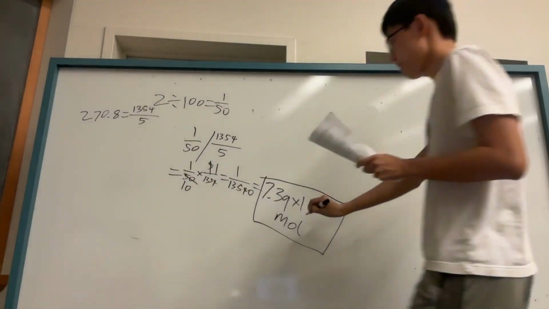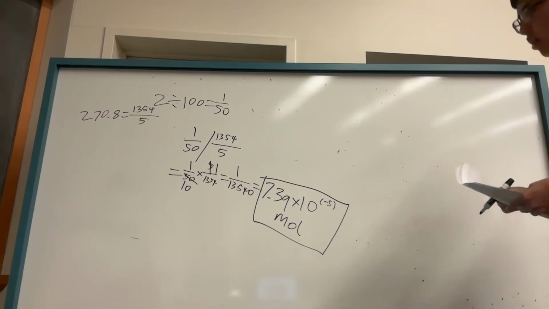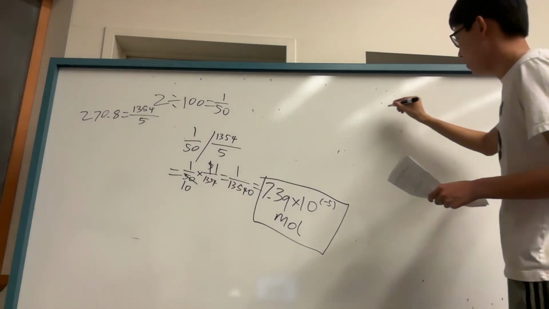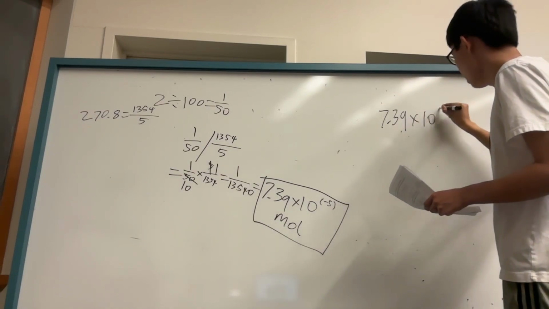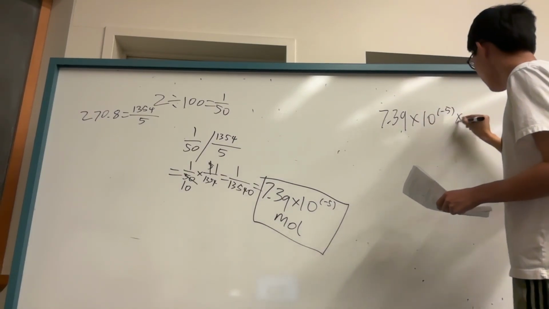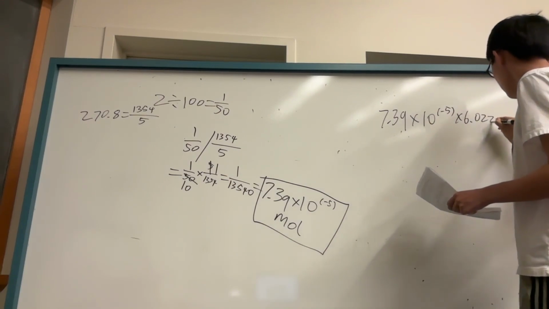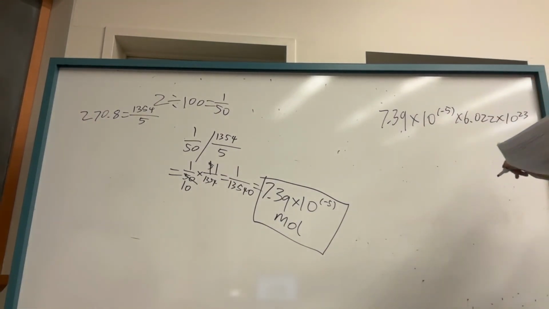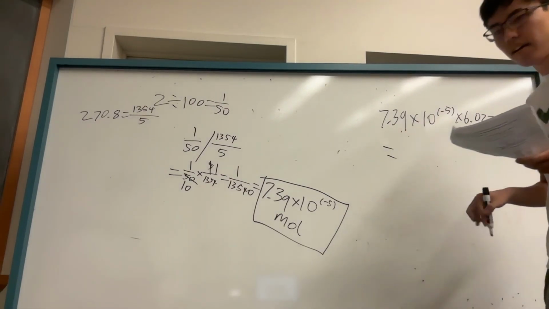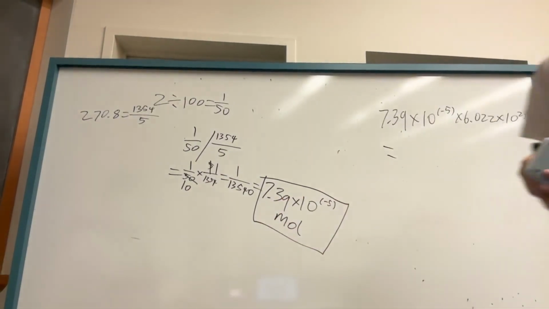This is how many moles are given to the child in the question, and we multiply that by the Avogadro's number. I'm just going to use a calculator for this.